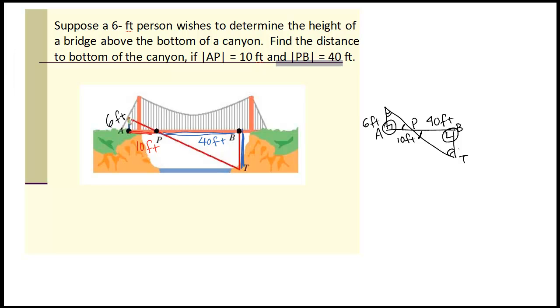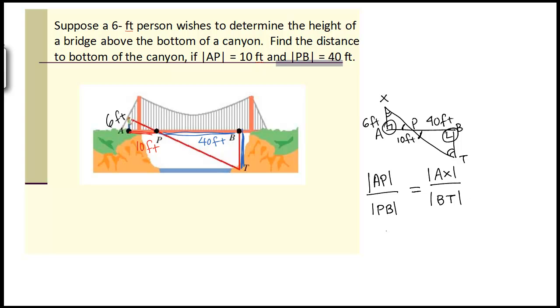Since these two triangles are similar, we can write the ratio of the distance AP over the distance of PB is equal to the ratio of the height of the person, AX, over the depth of the canyon, which is BT.